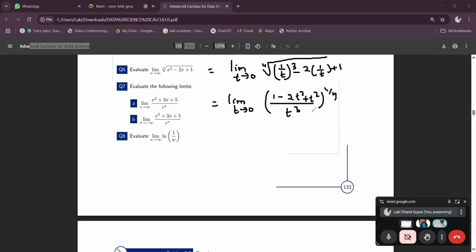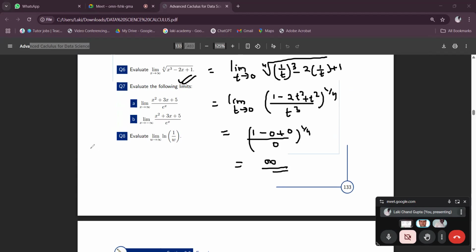Whenever you are getting this, you can put t equal to 0 directly. When you put t equal to 0, you will get 1 upon 0. 1 upon 0 is what? Infinity. It means that the function diverges, right?